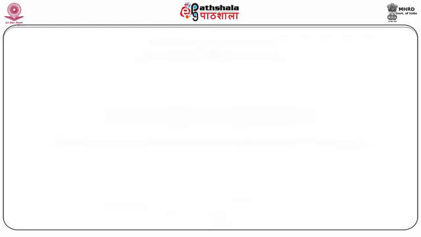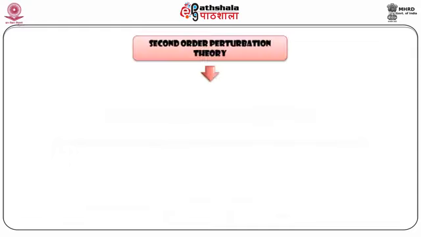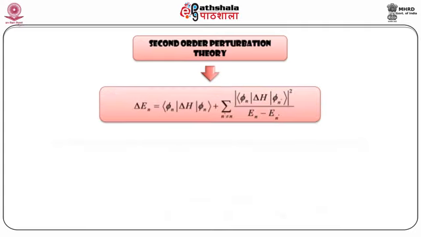Now let the energy E_n change by delta E_n on application of the magnetic field. In the second order perturbation theory, we can write this change delta E_n as the expectation value of delta H with respect to the wave function, plus this second order term. I am sure you must be familiar with the first order and second order perturbation theory in quantum mechanics, which you are applying here. Note that m is not equal to n, and phi_n is the eigenfunction of the nth energy state.